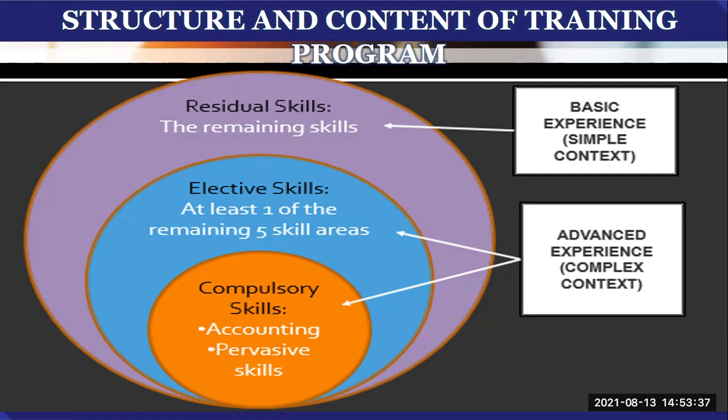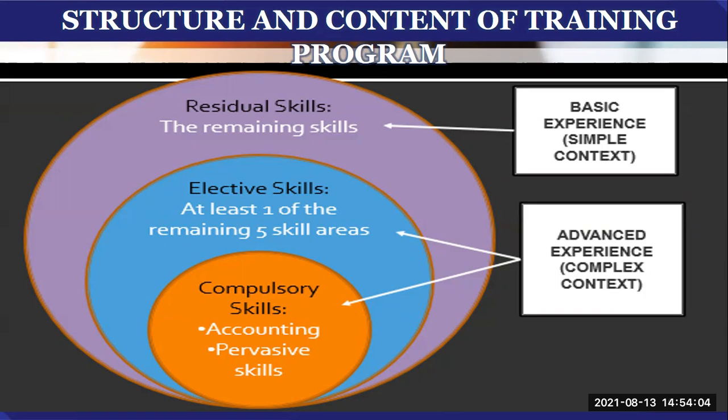It means that at the end of your training contract, you have to be able to display these skills at an advanced level or in a complex context. So if you really assess, you'd find that combining the compulsory skills and the elective skills, you then get 3 core subject areas that have been covered.